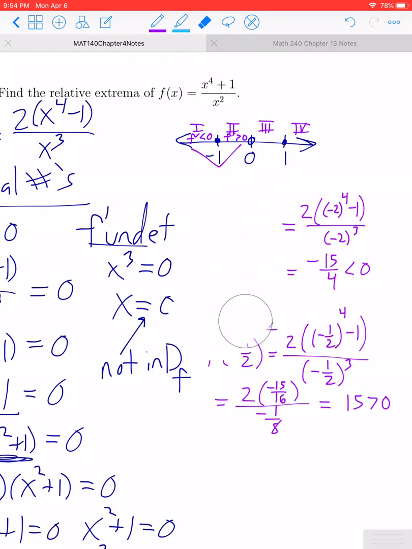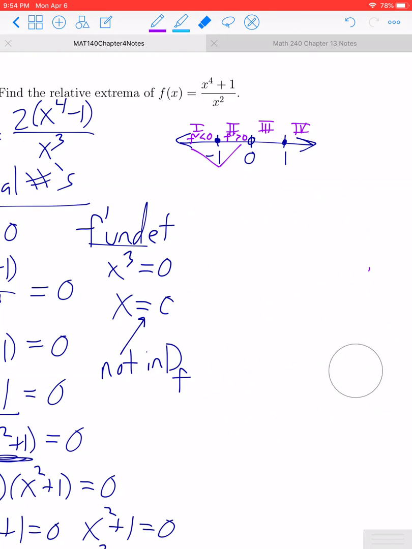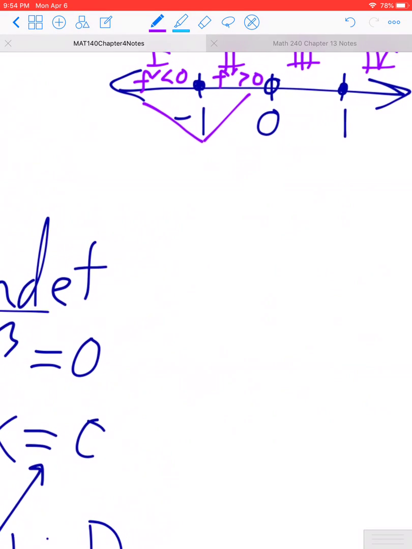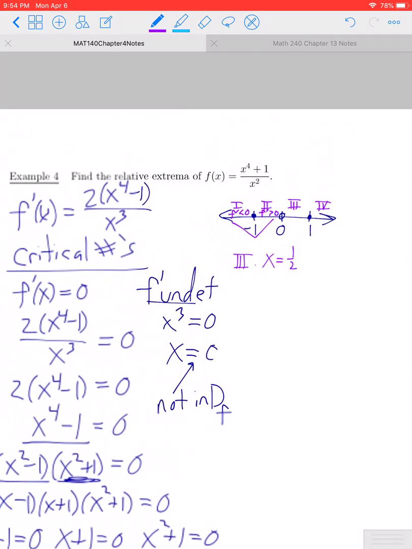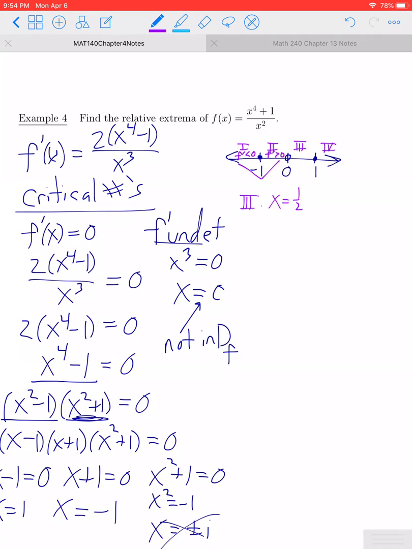I'll leave it up to all of you to go ahead and check these next ones on your own. But if I were to do a test point for region 3, a good candidate might be x equals 1/2. You can kind of cheat a little bit too. If you look at this, the derivative would actually be an odd function.